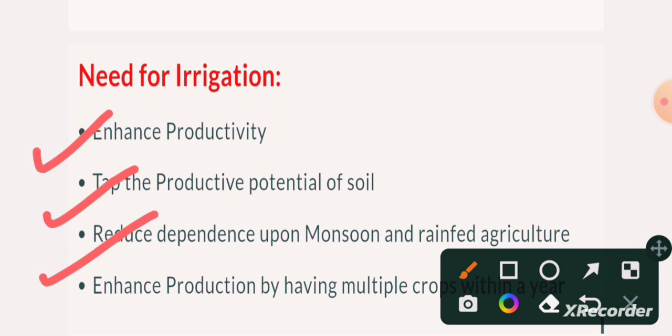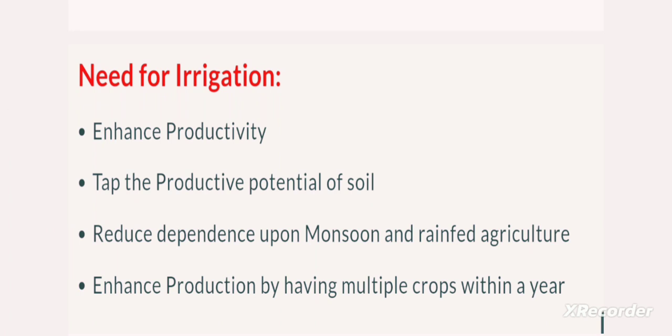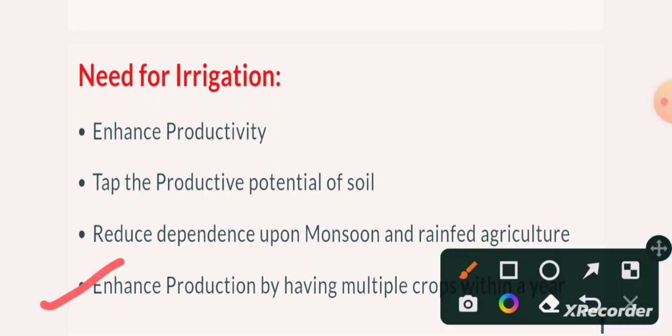Because of the lack of monsoons, farmers are unable to get multiple productions in the same field, but through irrigation it is possible. Enhancing productivity means farmers get more produce in less time. So this is the major importance of irrigation.